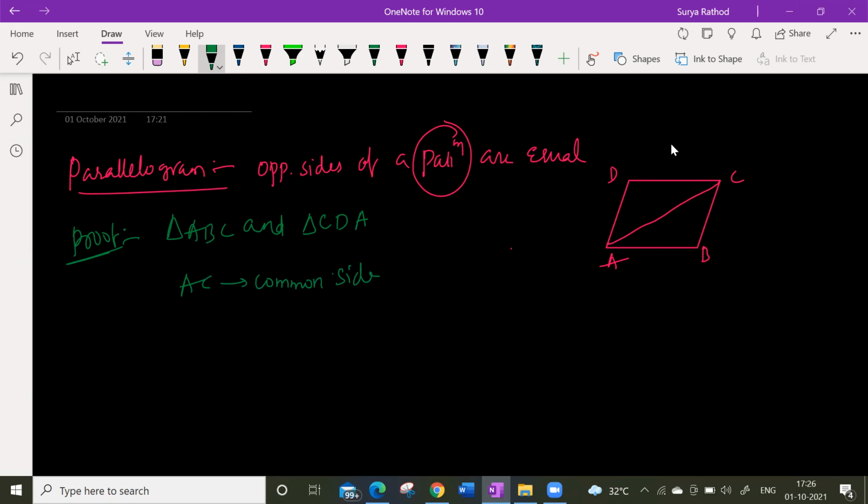And look at this here: angle BAC, angle BCA is equal to angle DAC. How can I say? Look at this here. These are alternate angles. If I extend like this, this one and this one, alternate angles or not? Yes, sir. Alternate angles.